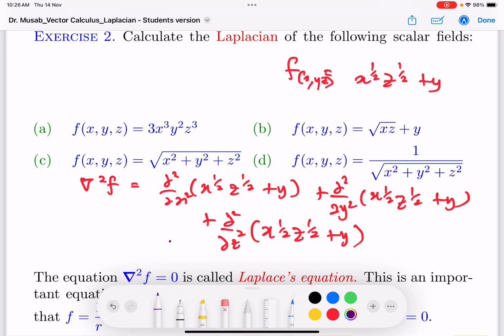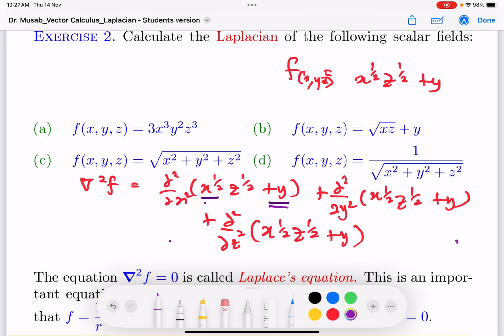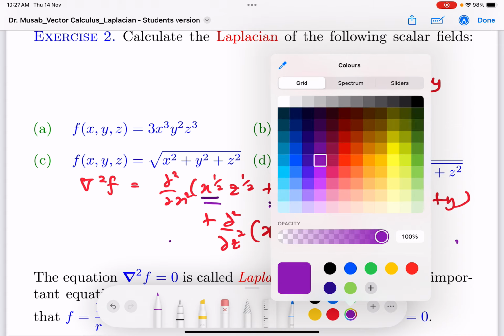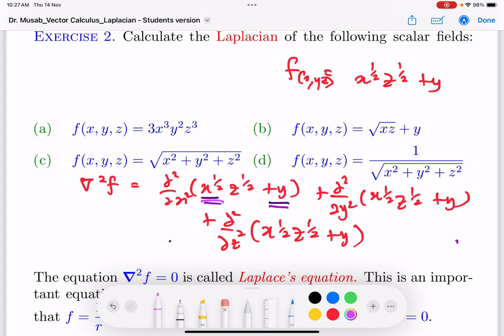All right, so on the first part we have half, right? This should be, oh, it's not very visible, too dark. Okay, maybe the lighter one. Okay, nice. So this part becomes 0 on the first partial derivative.